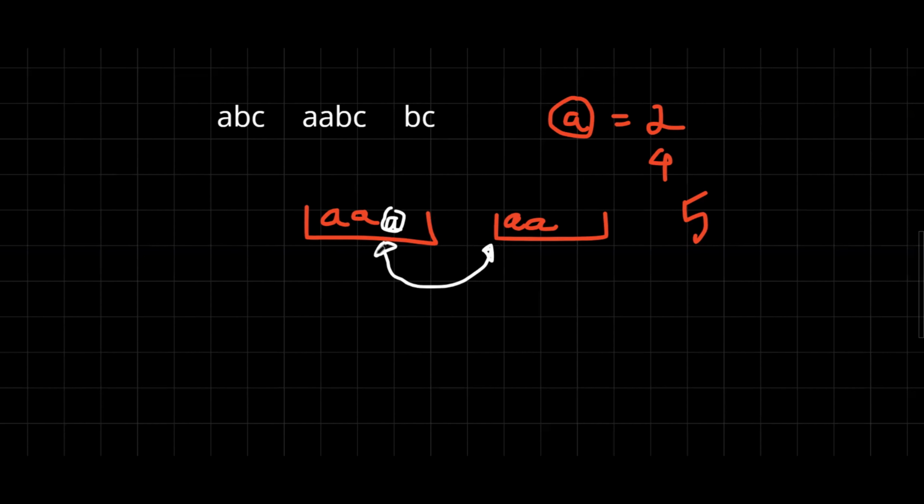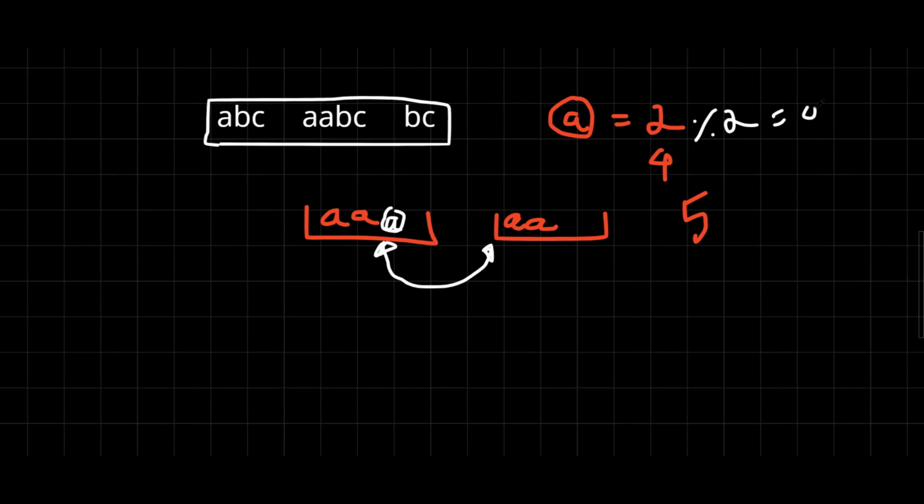So what is the basic intuition behind the solution of this problem? The basic intuition is that each character in the given input list should have a frequency which is a multiple of the given input length. That means here the frequency of A is 2, so 2 is a multiple of 2, or the remainder between 2 and 2 is 0.